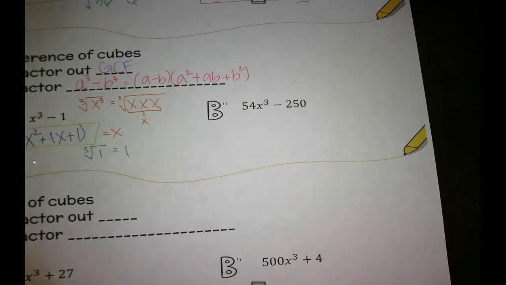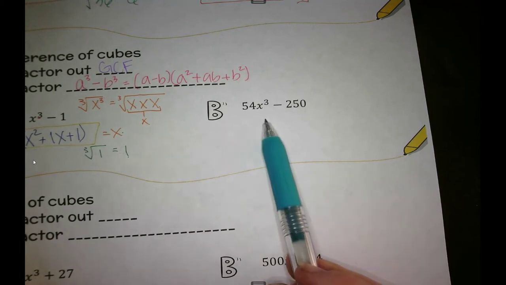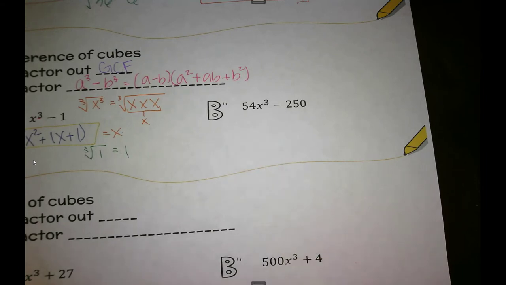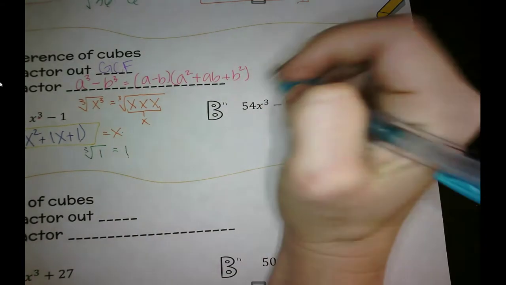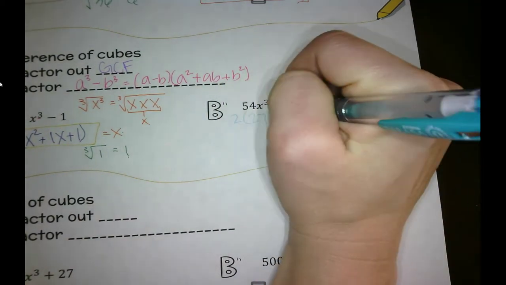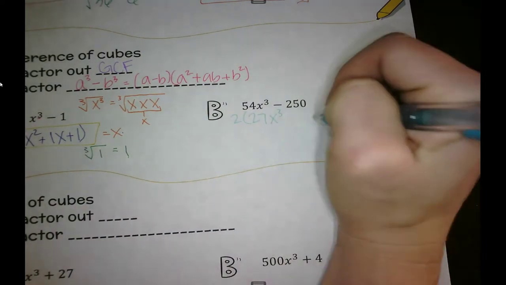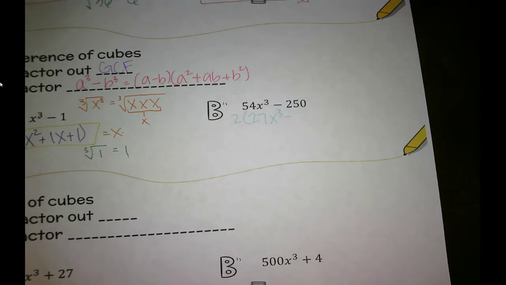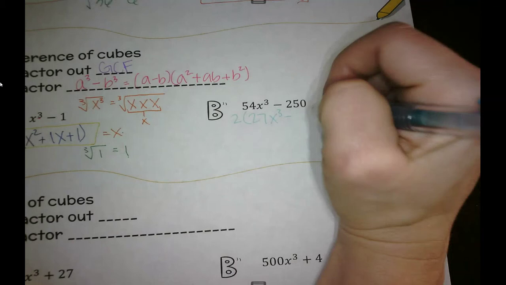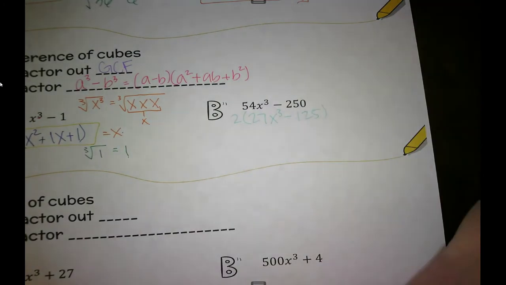First, do we have a GCF? We do. Both of these have a factor of 2 that we can pull up. So 54 divided by 2 is 27, x to the third. 250 divided by 2 is 125.